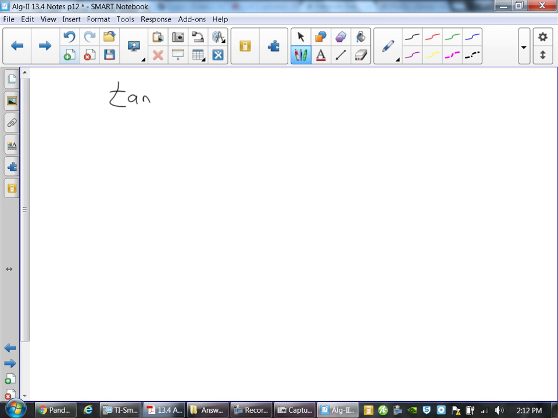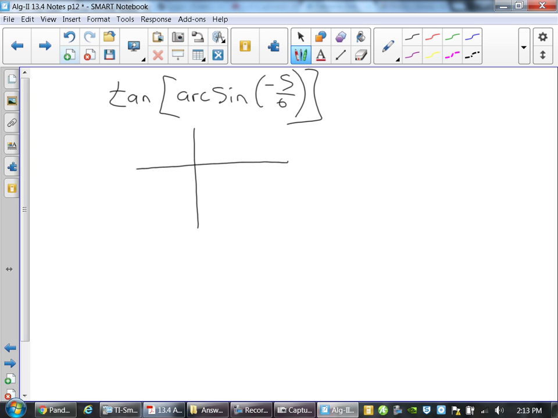What is the tangent of the arc sine of negative 5 over 6? In this case, sine, you find the arc sine, the inverse sine, between first and fourth. This is negative, which means I'm going to draw my triangle in the fourth. Sine is what over what? Which one of those is my opposite? The 5.